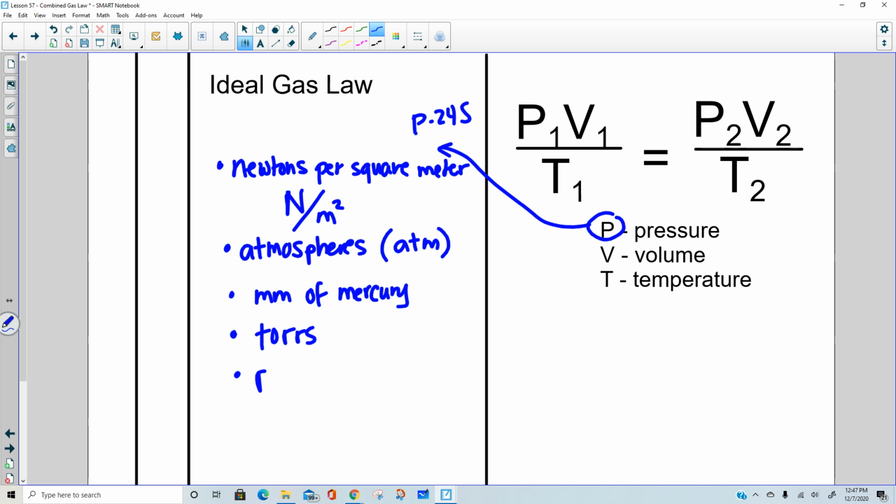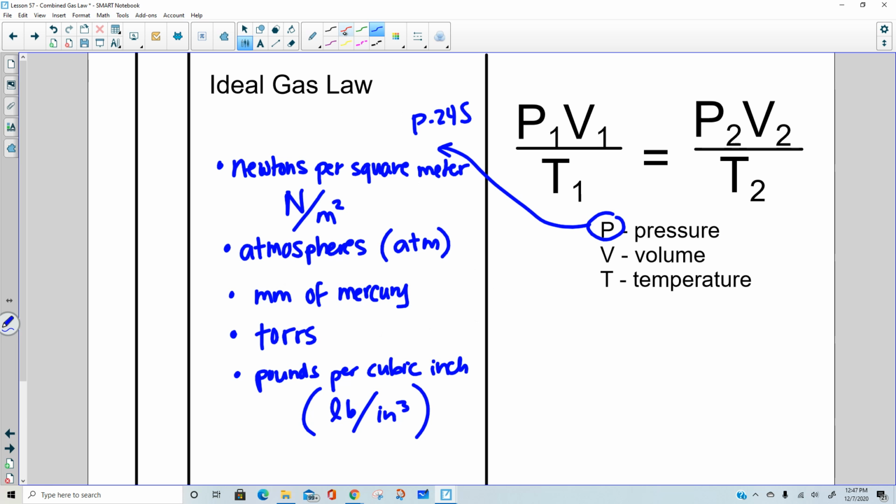And then finally, we have pounds per cubic inch. So obviously we would abbreviate that one, pounds lb per, and then cubic inch. All right, so whenever your book talks about these units, those are always pressure units.